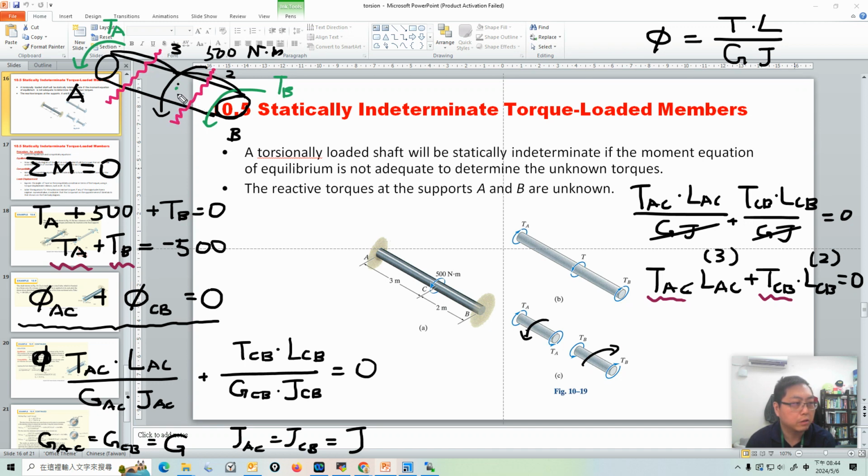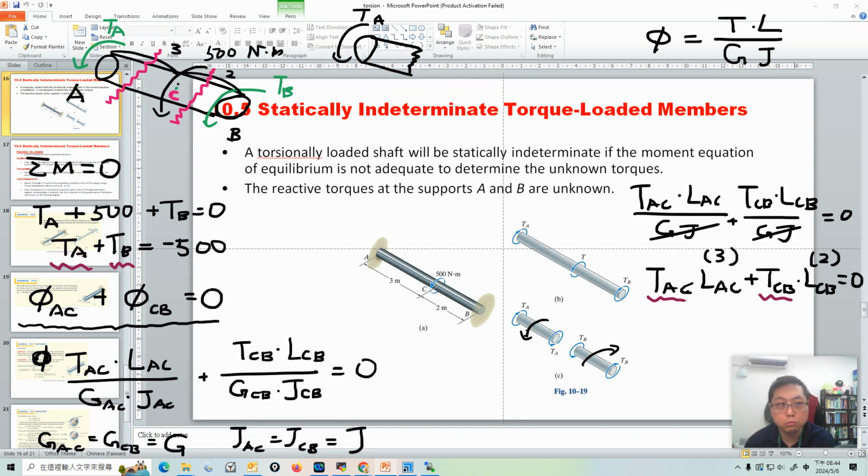So this is C, right? Yes, C is here. We need the AC section and the CB section, so we need to cut between AC and between CB. Let's start from the first one. So this here is T_A, and in the section AC, T_AC.